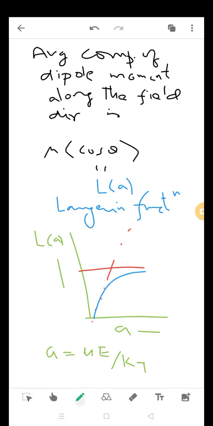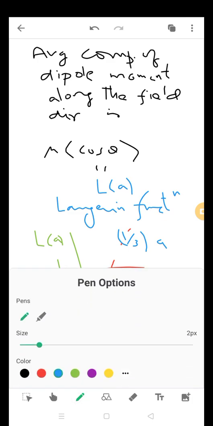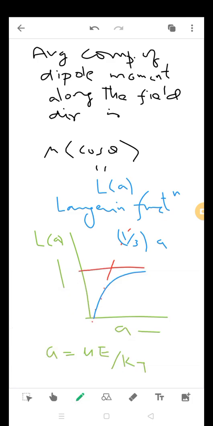And this is 1/3 A, and this value is 0.5, and this value is 1.0. So for a very large value of A, that is for high electric field, the function approaches the saturation value, unity. Okay, that is what has been formed here.